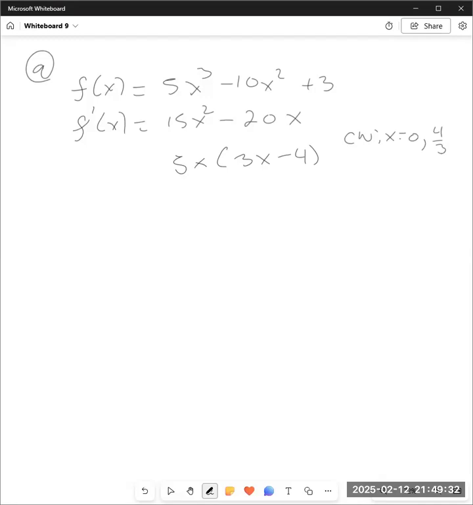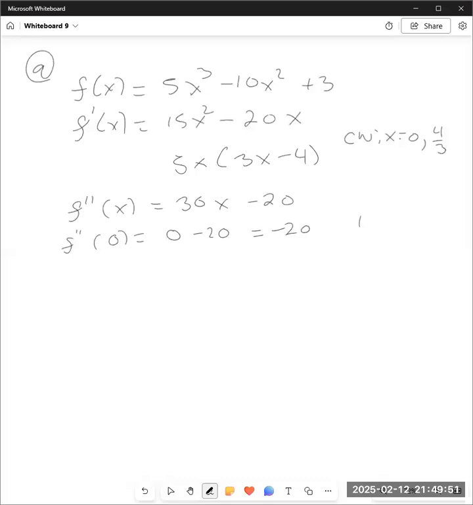So f double prime of x is equal to 30x minus 20. f double prime of 0 is equal to 0 minus 20, which is a negative 20.